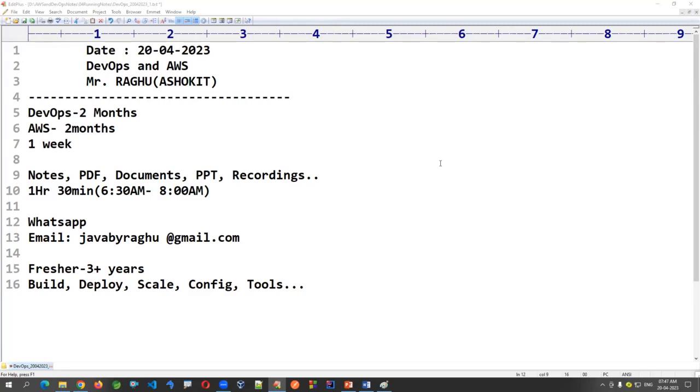Good morning, sir. I have a question. In AWS, there is a concept called IAM. Sir, will you cover this concept in the AWS batch? I didn't get you. IAM, Identity and Access Management. Your question, please continue. Sir, will you cover this concept? Yes, we'll cover it, sir. That's a more important security concept that we'll cover.